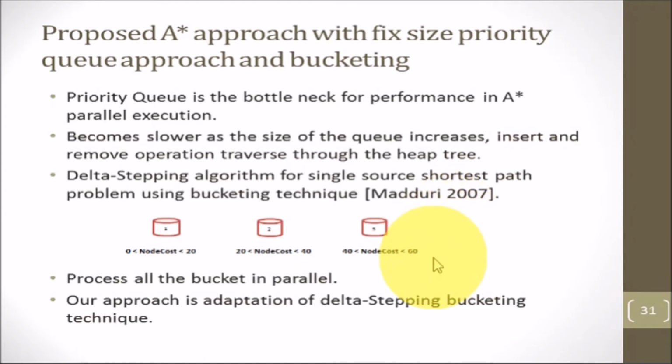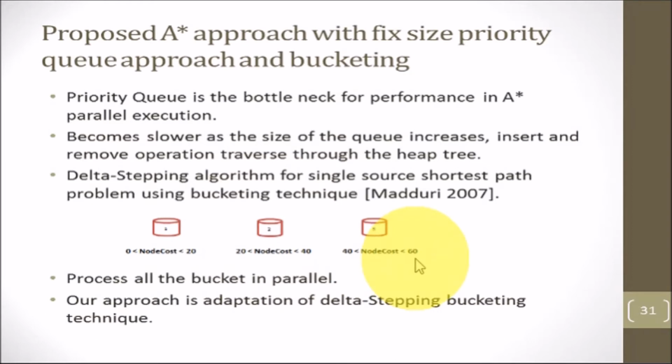The bucketing technique that they use is something like this: they use buckets and define each bucket with a particular range of cost. So the first bucket is responsible for storing the list of nodes whose cost is within the range of 0 to 20, and bucket 2 is responsible for keeping the nodes whose cost is between 20 to 40, and the next one is 40 to 60.